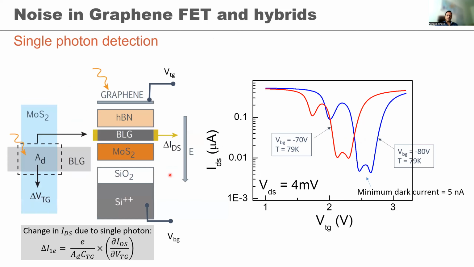With this we could reduce the dark current. Ignore the other lines. We could reduce the dark current to nearly 5 nanoampere, whereas in conventional graphene molybdenum disulfide layers, the dark current is on the order of microampere. So at least 3 to 4 orders of magnitude reduction in the dark current could be achieved.